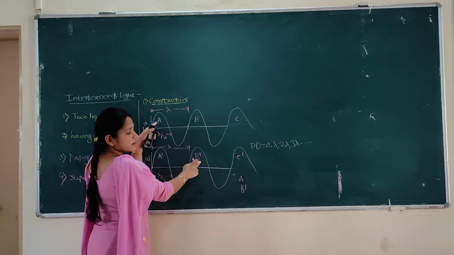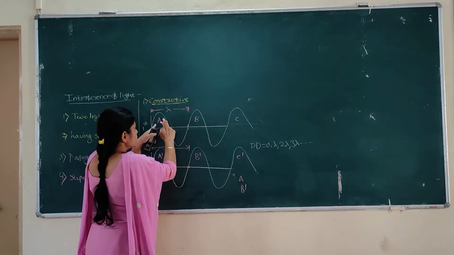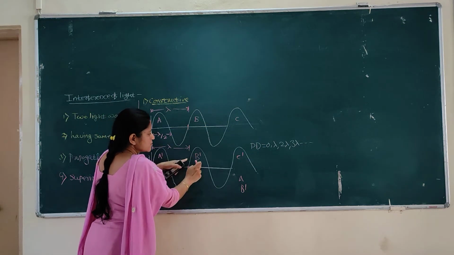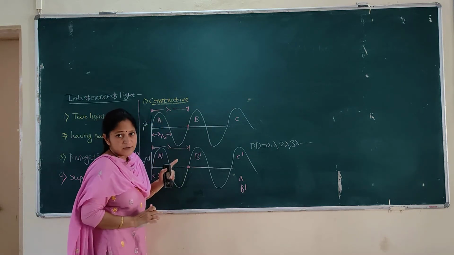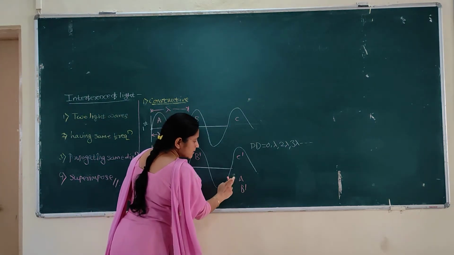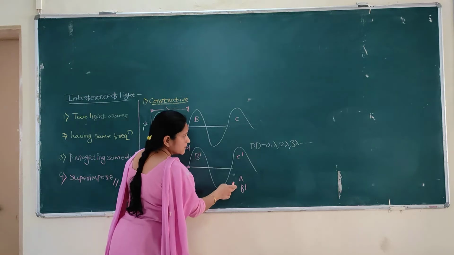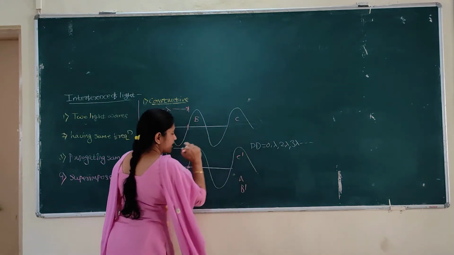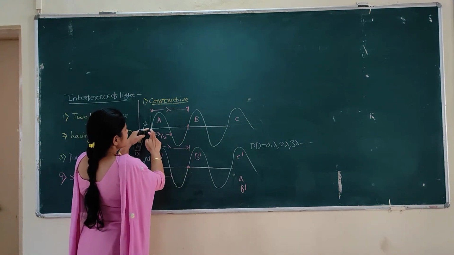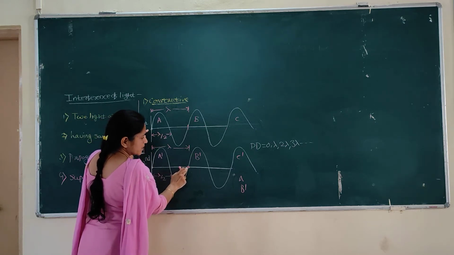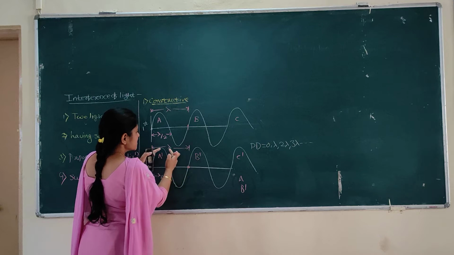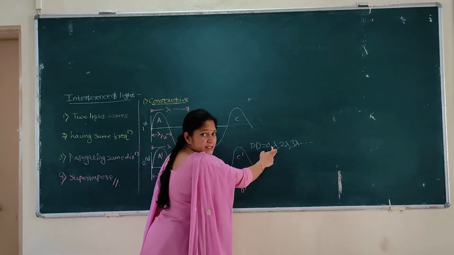Here also there is a constructive interference because here there is a crest and here also there is a crest. Now if there is a B dash situation, then the path difference will be lambda. The first wave starts from this point and the second wave starts from this point, so up to here the distance is lambda and therefore the path difference is lambda.